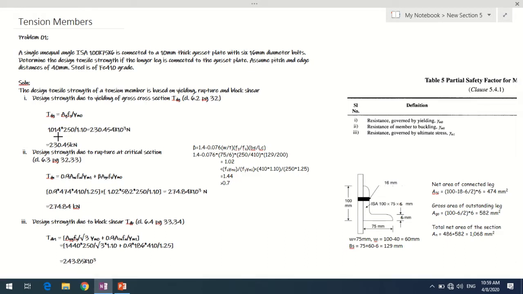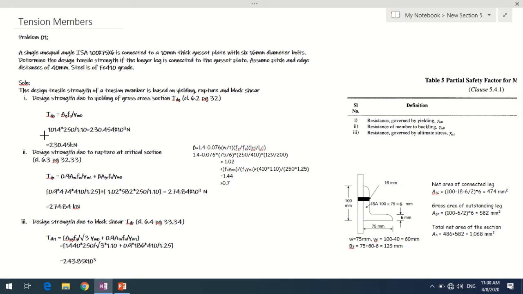If you refer to the steel table and look for this unequal angle section ISA 100 by 75 by 6, you'll find that the gross area is 10.14 centimeter square, or 1014 mm square.